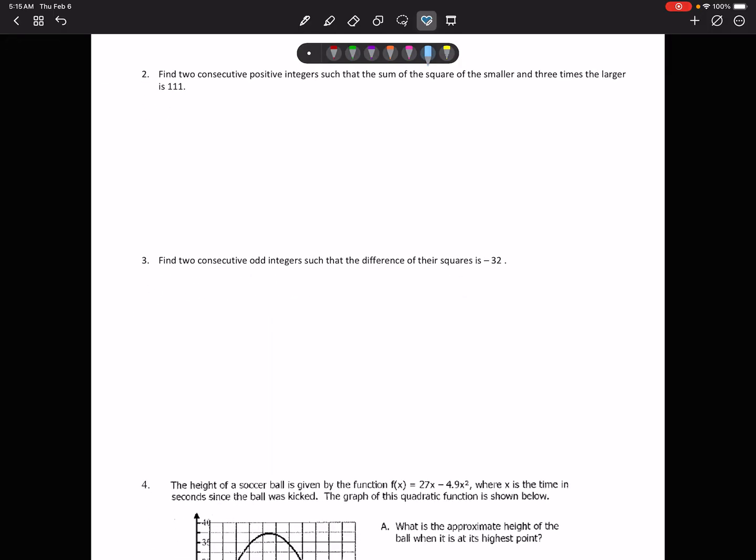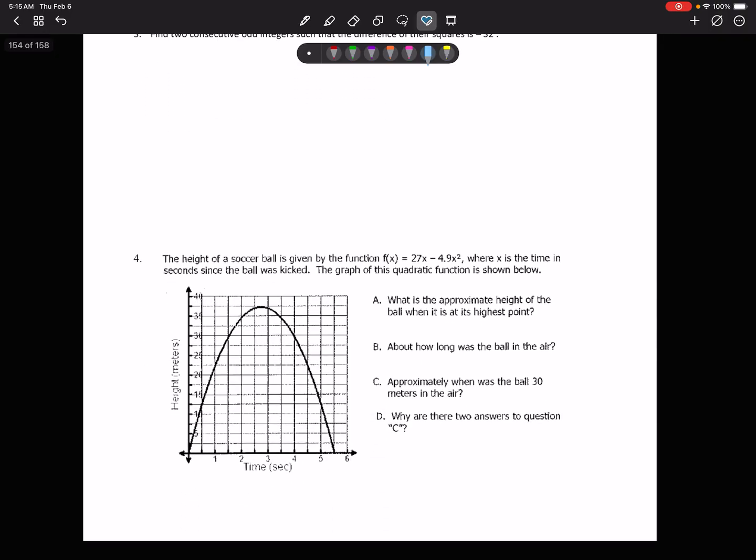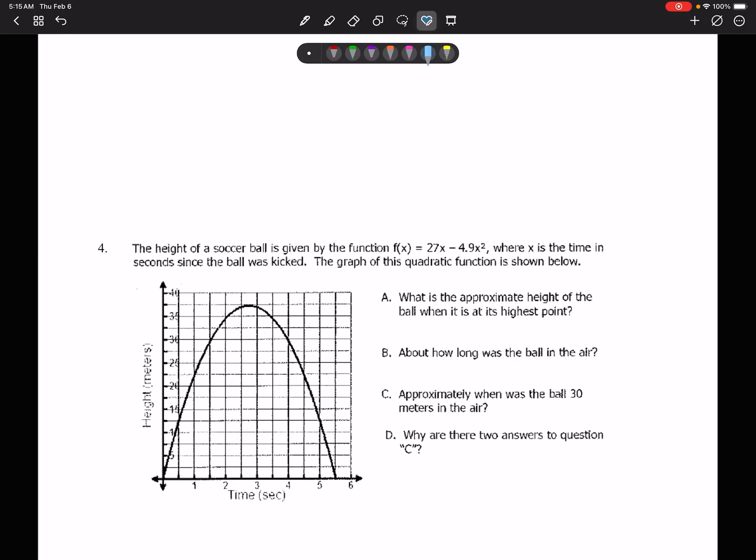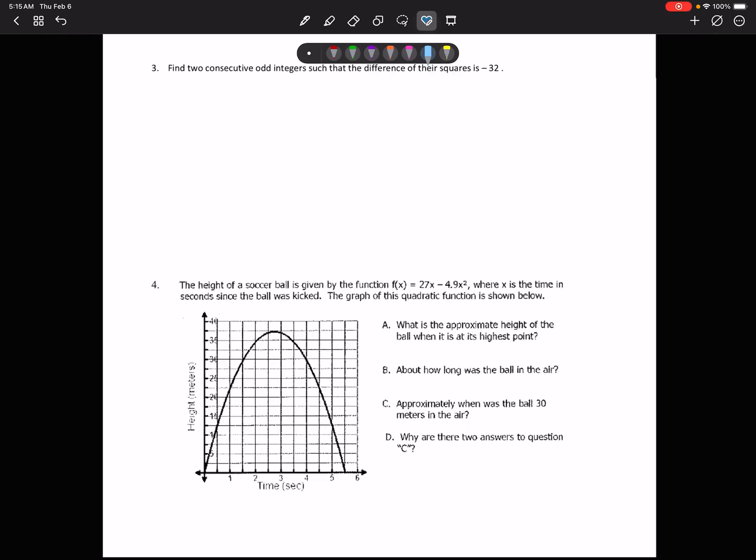So the number 2 and number 3 in our notes, we're not going to use a lot of picture drawing because we're just talking about numbers. But then number 4 is when we're going to start getting into vertical motion problems.